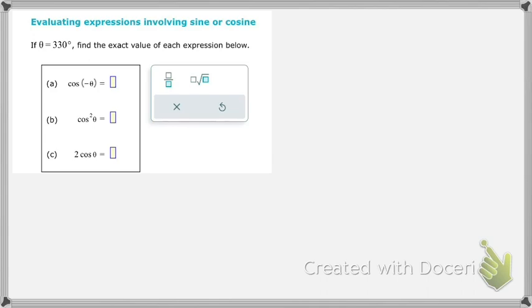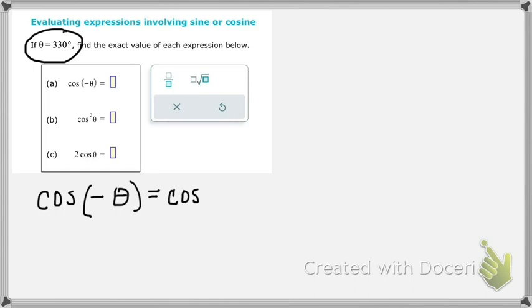So I'm going to take the first one here and say that I want to evaluate the cosine of negative theta, and I am given up here at the very top that theta is 330 degrees. So I can just make that substitution, the cosine of negative 330 degrees.